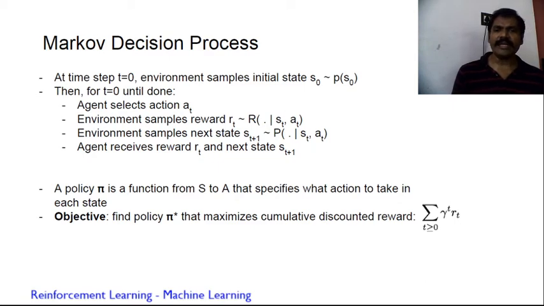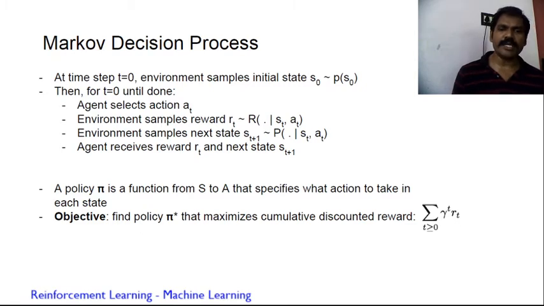Then the environment samples the next state S t plus 1. So the agent receives a reward RT and the next state S t plus 1. That is what we have seen, right? And a policy pi is a function from S to A that specifies what action to take in each state.